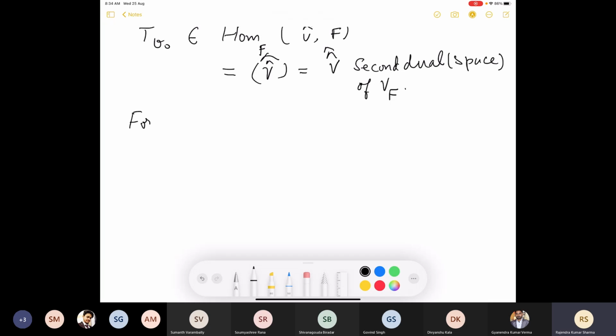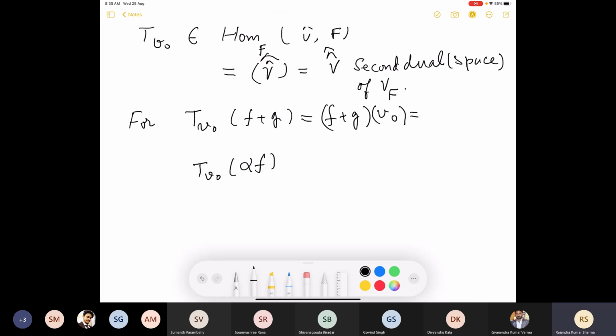Now, for proving that this is a homomorphism, what you need to prove is that T_v0 of f plus g, that it preserves the sum, and also T_v0 of alpha f, that it preserves the scalar multiplication. Now, this T_v0 of f plus g, how have we defined T_v0 of f as f of v0? So this is simply (f plus g) under v0.